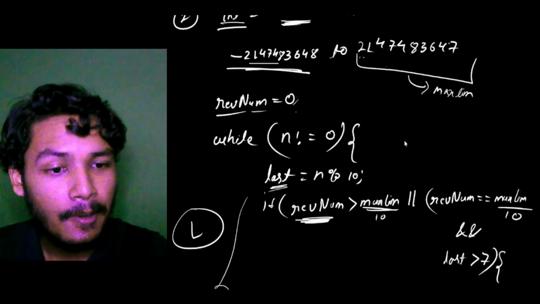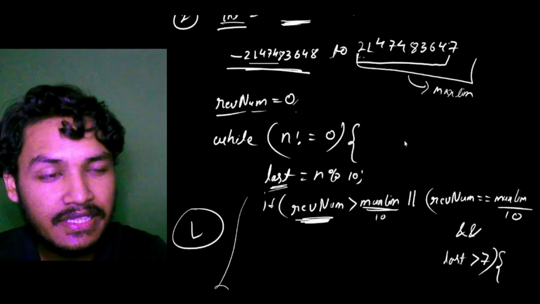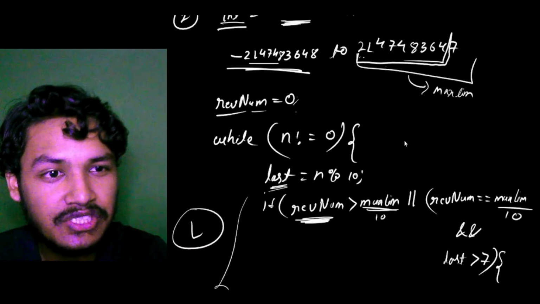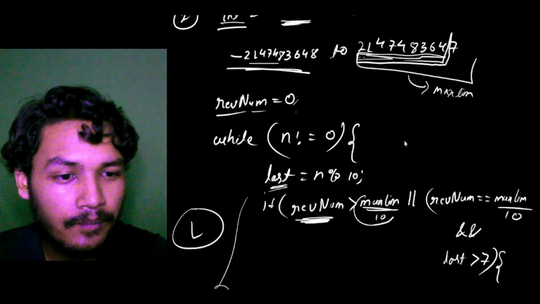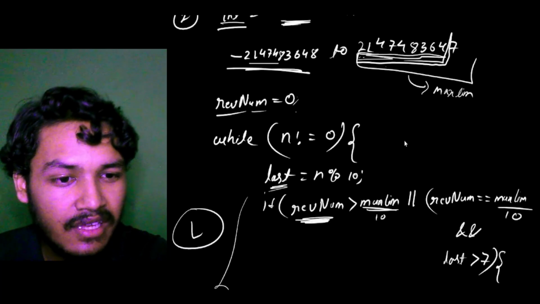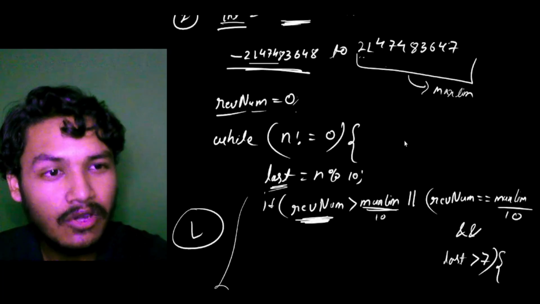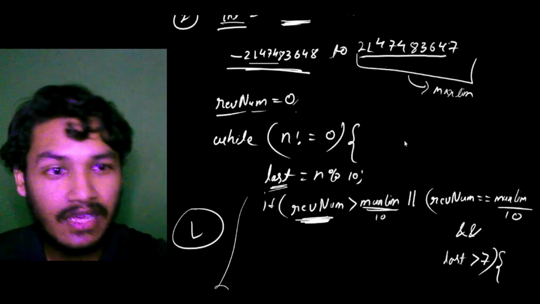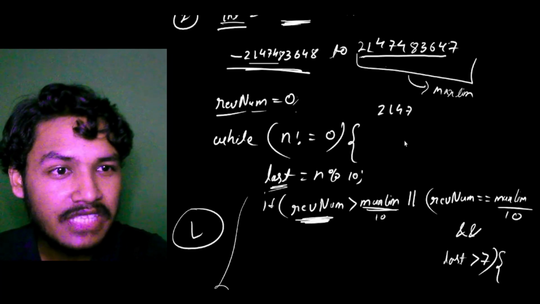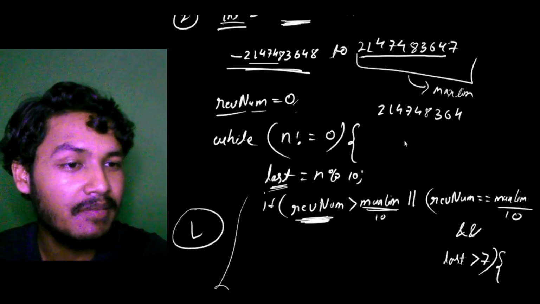Our maximum limit is 2147483647, divided by 10. What will be the value after dividing this? We will get this much. So if our reverse number is already containing a value greater than this, what can be greater than this? 214748364 is our maximum limit divided by 10.